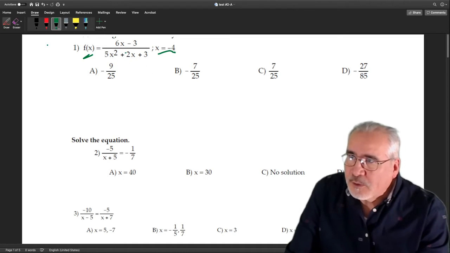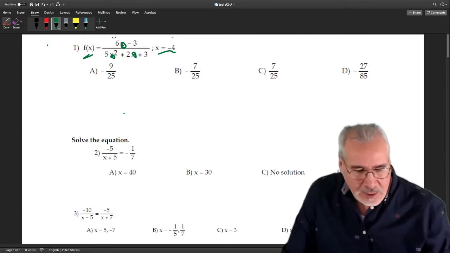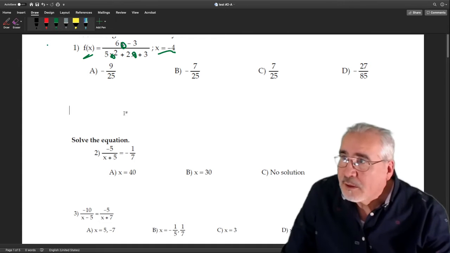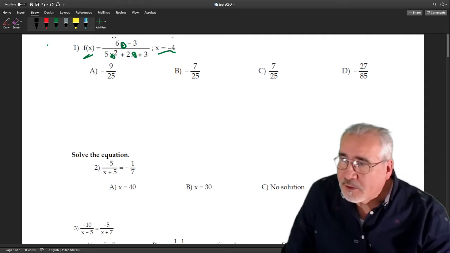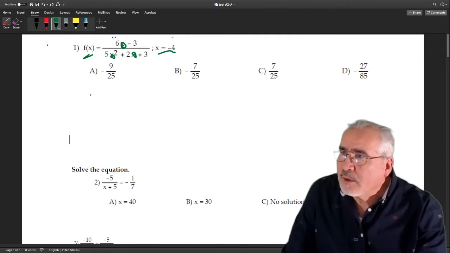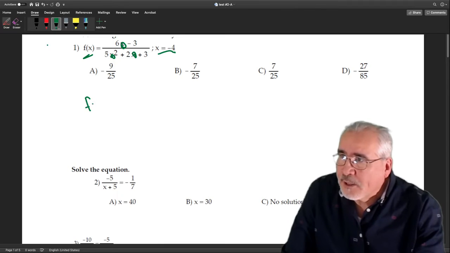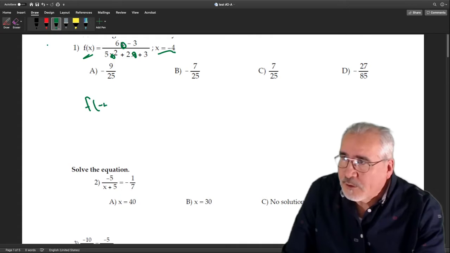So what we will do is go through everywhere we see an x, right here and right here, and plug in a -4. We're going to evaluate f of -4.